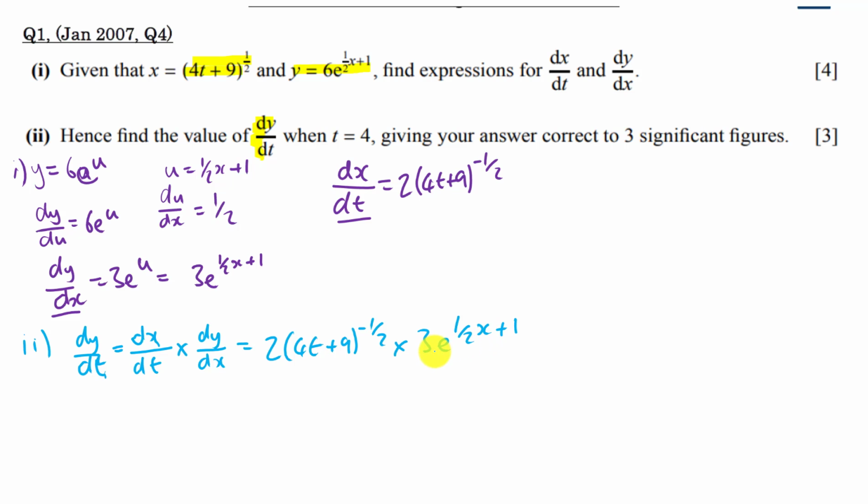Now we can simplify that by just doing the 3 times 2 on the outside, so we'll make it a little bit nicer for us to substitute in later. So that's 6 (4t plus 9) to the minus a half times e to the half x plus 1. Just put a bracket there so we know that's all together.